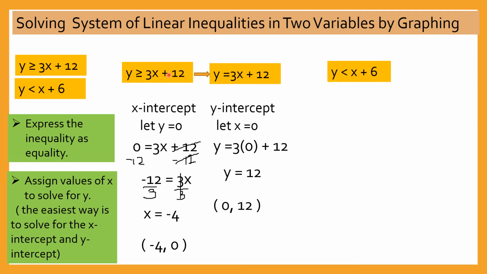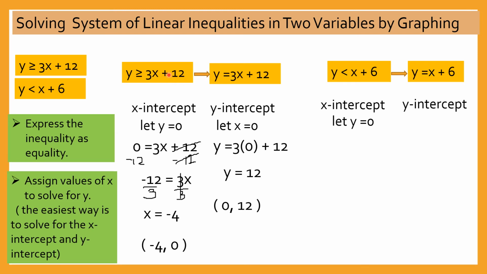Now let's solve for the x-intercept and y-intercept of the other inequality, y is less than x plus 6. So change that or express that as equality. So that is y is equal to x plus 6. Solve for the x-intercept and the y-intercept. So let y is equal to 0. So instead of writing y, you write 0 is equal to x plus 6.